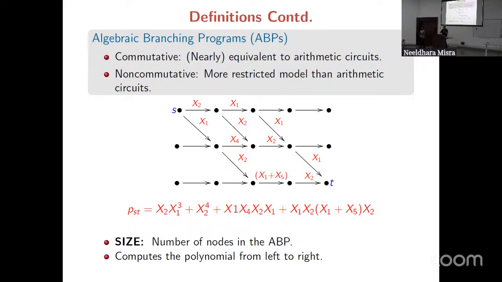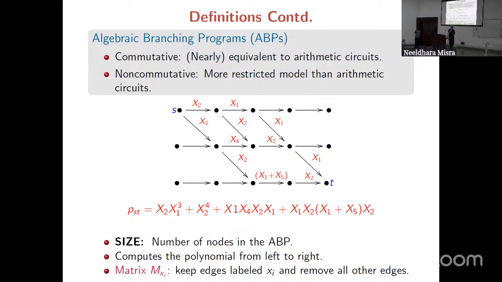Because of non-commutativity, we are thinking of left to right. And there's another important point here that you can also think of automata in terms of matrices, because you can think of the rows and columns as labeled by the states of the automata, and the entries of that matrix are scalars attached to the variable when you do a move from one state to another.